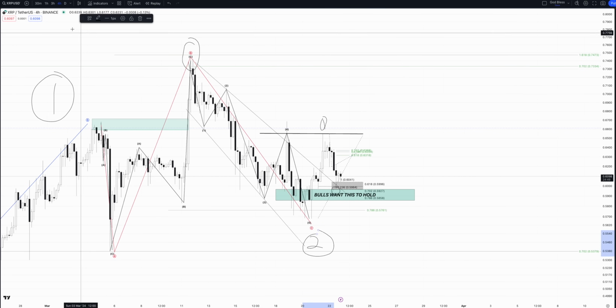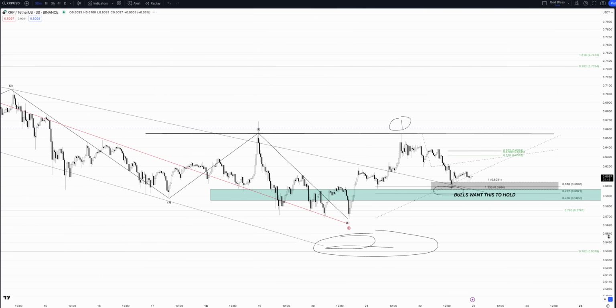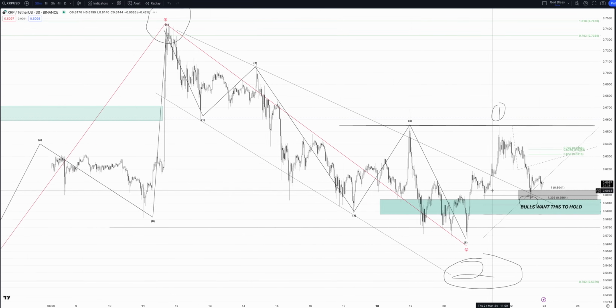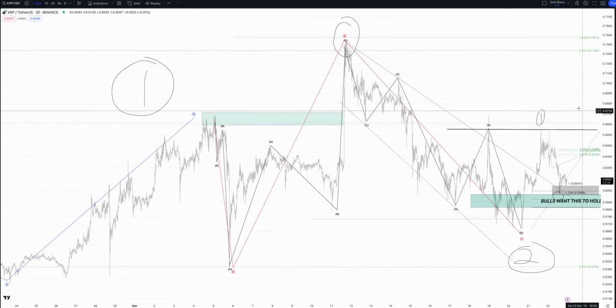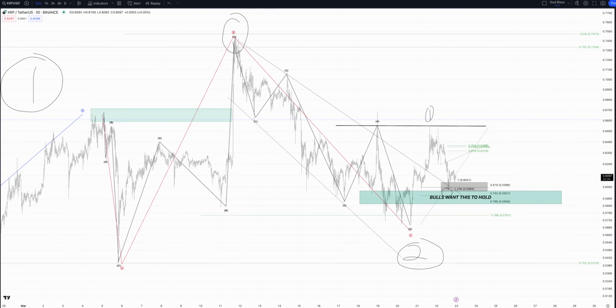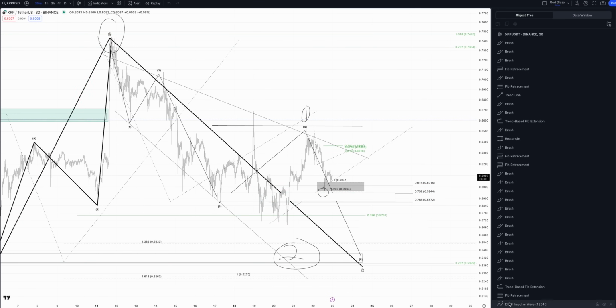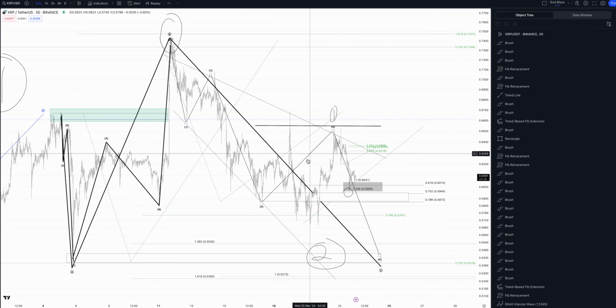Okay, the second scenario suggests that if we lose this low over here at 0.5973, then it's likely we're going to come down for one more sweep of the lows, which would look something like this. Okay? Where you're not done your 5th wave yet.